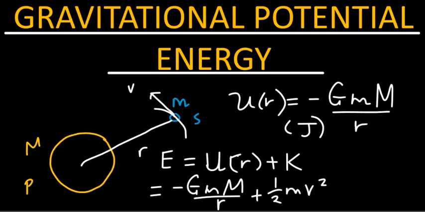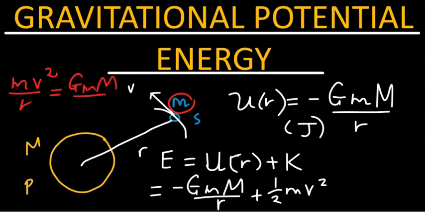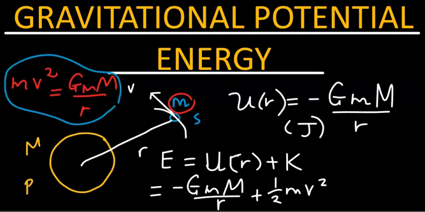However, we also know that since this satellite is moving in a circular orbit, say with radius r, the centripetal force on the satellite is provided by the gravitational force, from which we obtain this result.